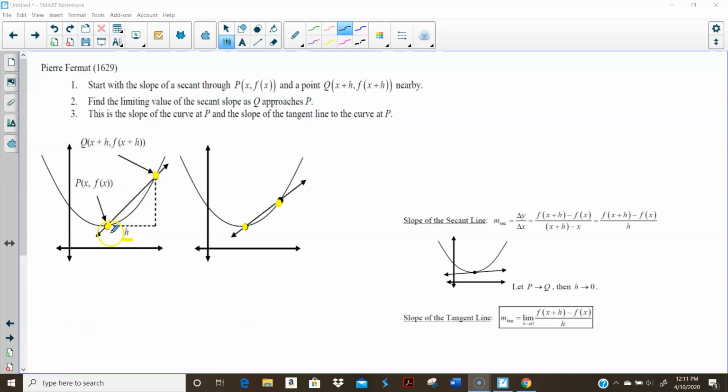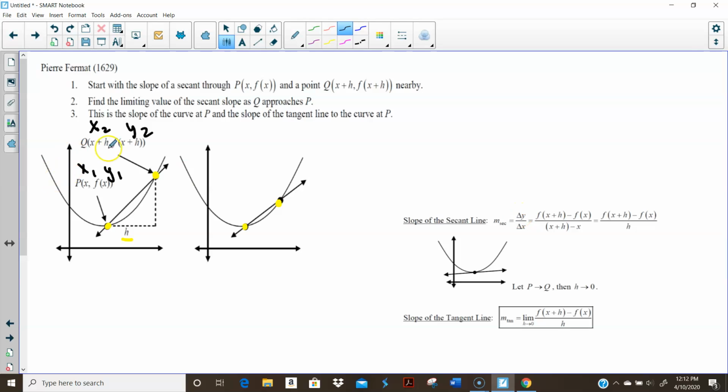If I refer to point P as x and f of x, then point Q is going to be x plus h and f of x plus h. So now if I want to find the slope of these 2 points, I could call this x2 and y2, and this x1 and y1. To find the slope, it's the change in y.